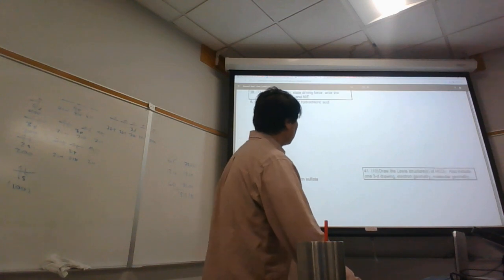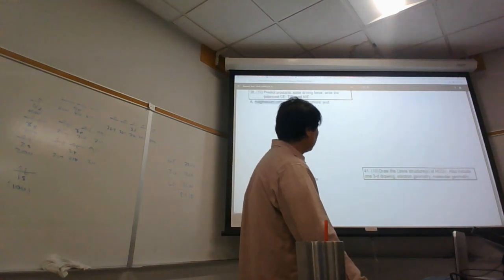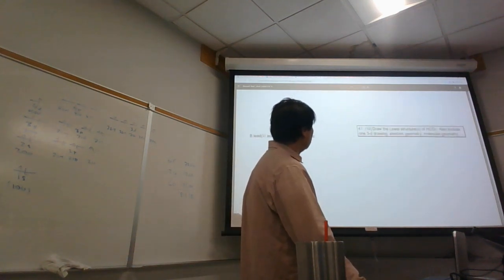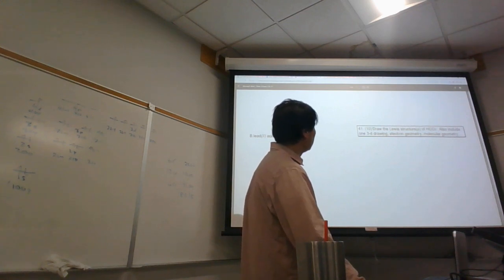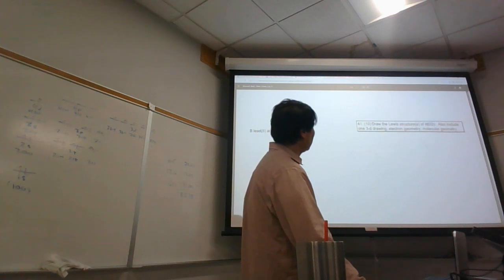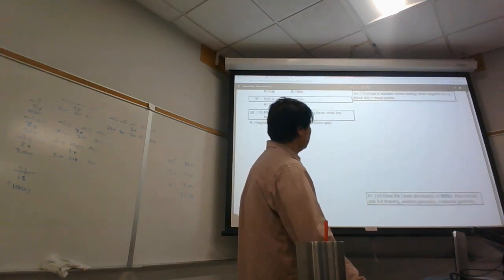Okay. All right, this is one. I have another one. We'll take a look at it later. Draw the Lewis structure for bicarbonate. Also include one 3D drawing, electron geometry, and molecular geometry. We did bicarbonate in class, so take a look at that.